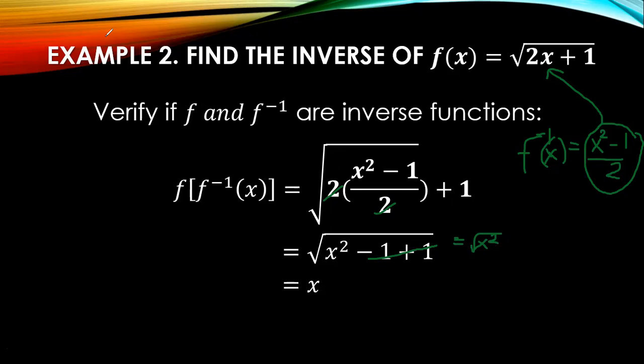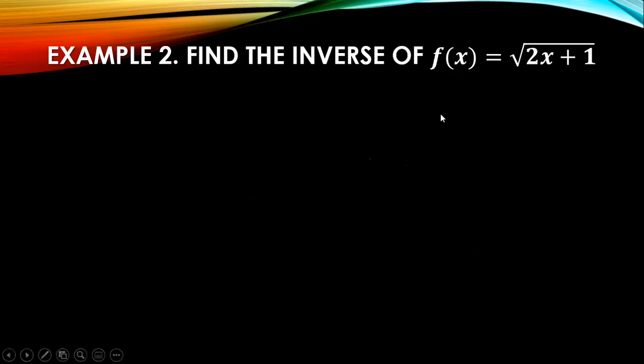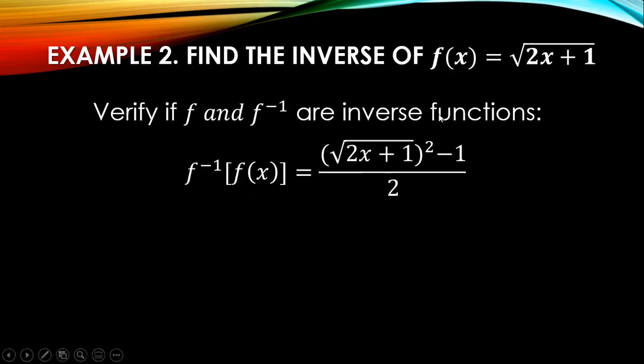So, yung pangalawa naman, baligtad, no? Itong square root of 2x plus 1 naman isa-substitute natin kay x dito sa x squared minus 1 all over 2. Okay, so that is square root of 2x plus 1 squared minus 1 all over 2.